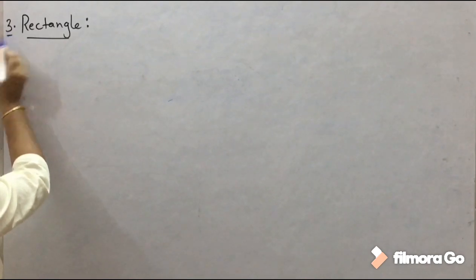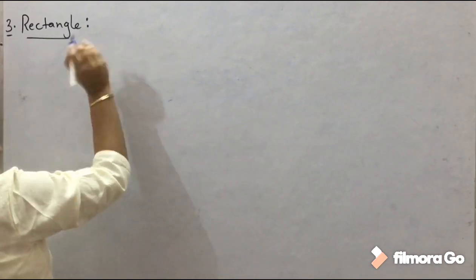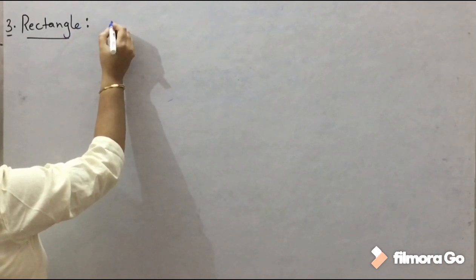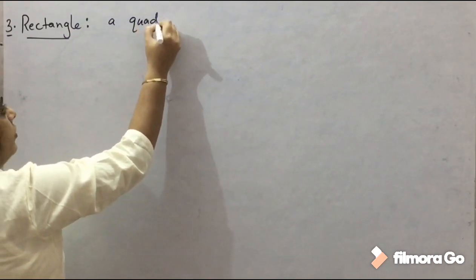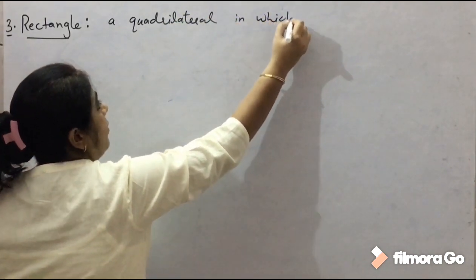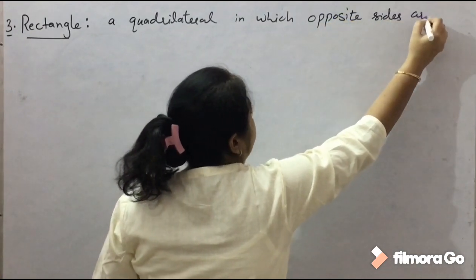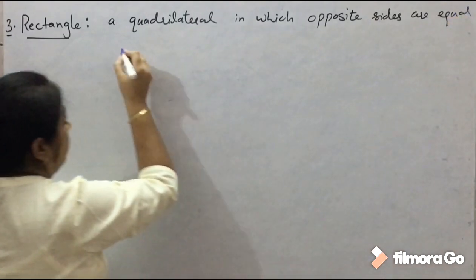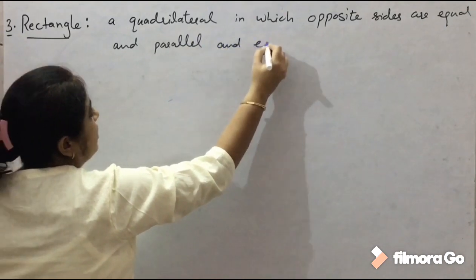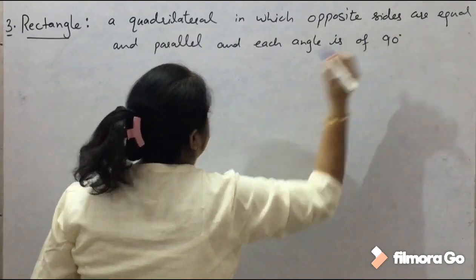Parallelogram. Now the third type we are talking about, that is the rectangle. What is a rectangle? A rectangle is a quadrilateral. So also we can say a rectangle is a quadrilateral in which opposite sides are equal and parallel and each angle is of 90 degrees.